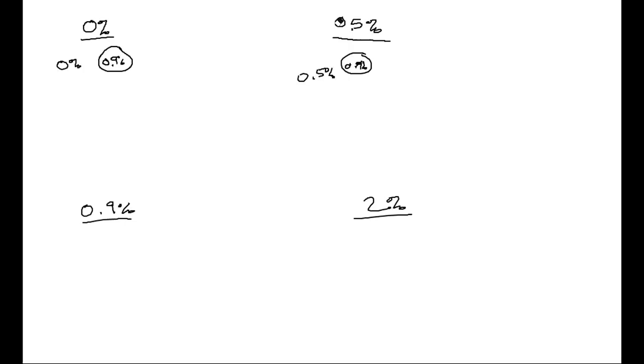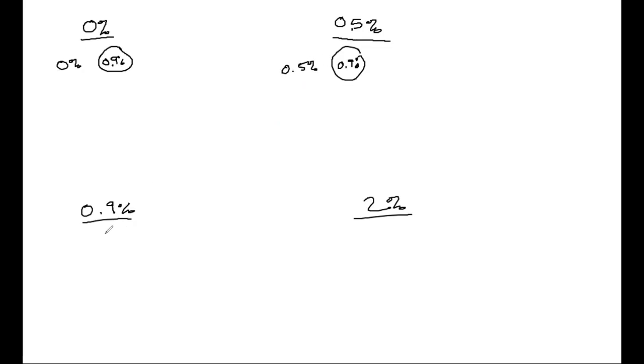Let's do the eraser. Try this again. So 0.9 inside the cell and 0.5 outside the cell, right?